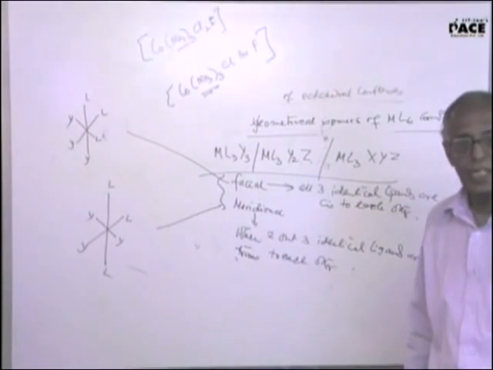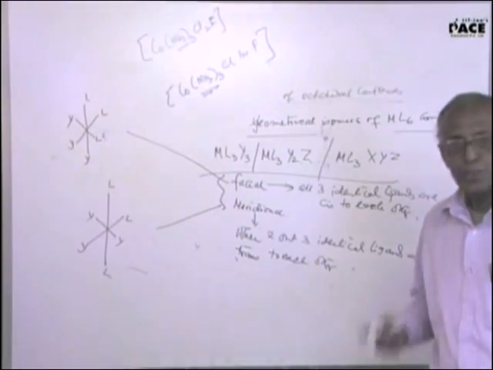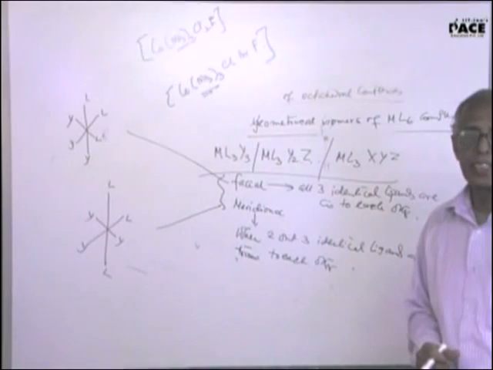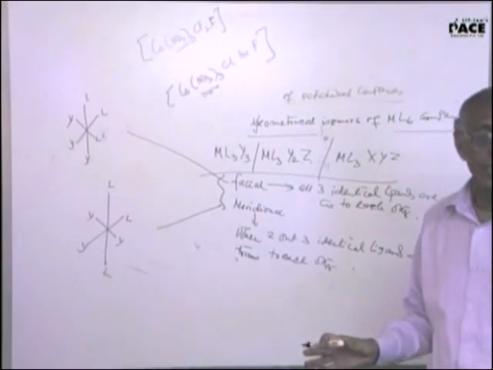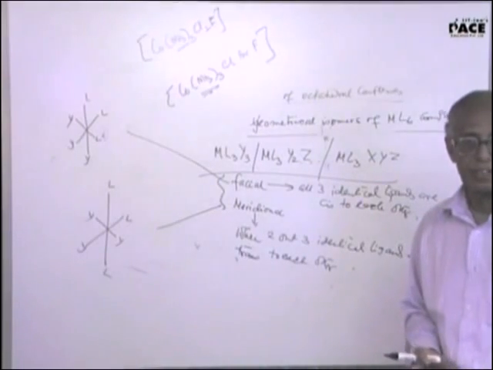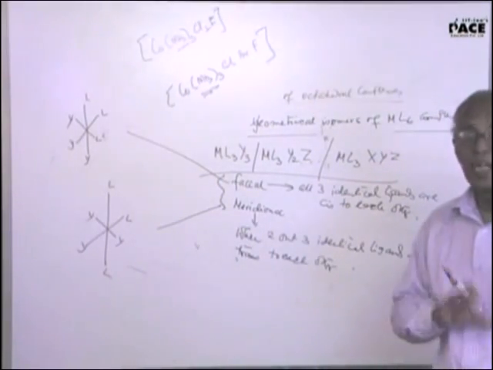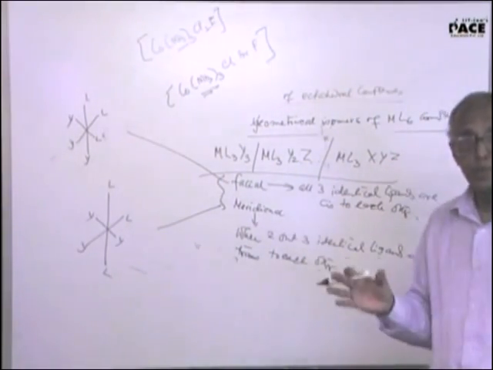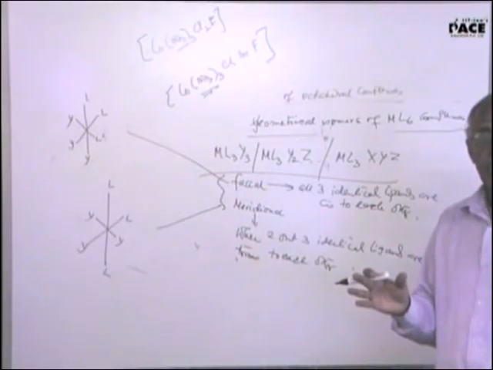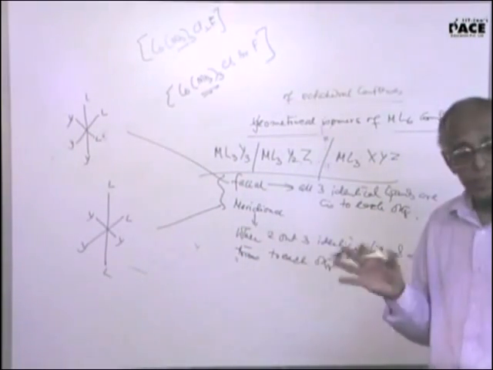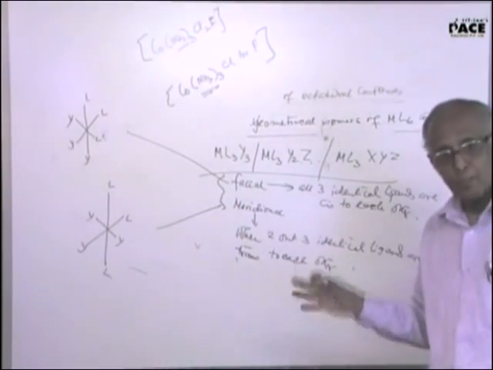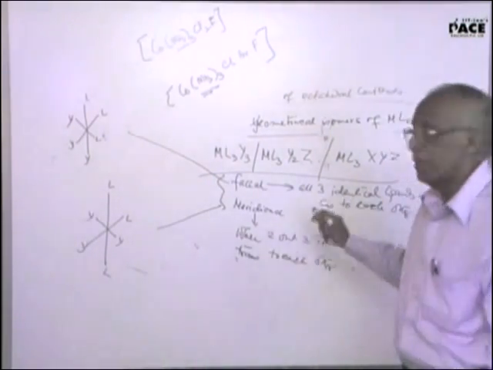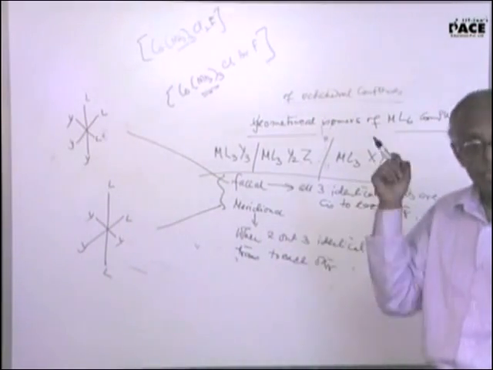Immediately it is facial and meridional. As soon as you see the same ligand 3 in number, you think in terms of facial and meridional, not cis and trans. Cis and trans are used when it is L4X2 or L4Y2, not L3Y2. They are cis, but that does not mean they will be called cis. They will be called facial.